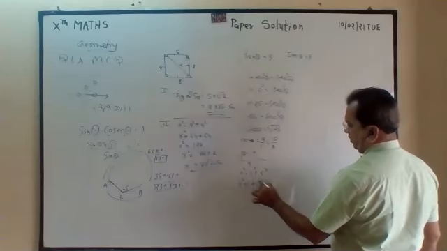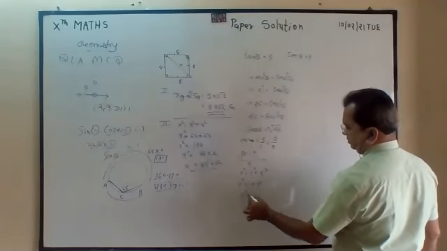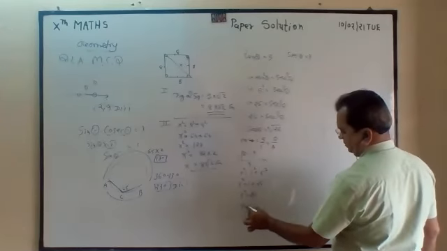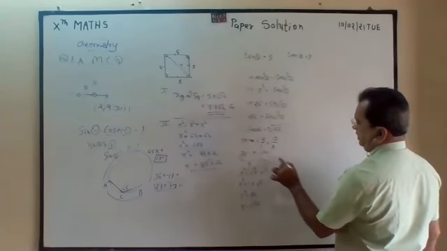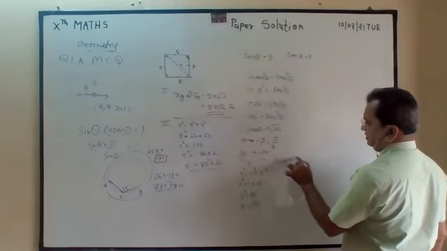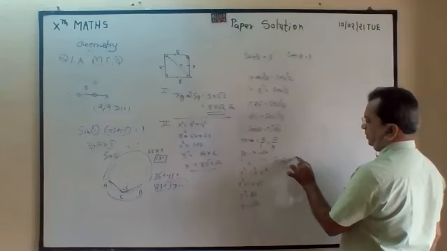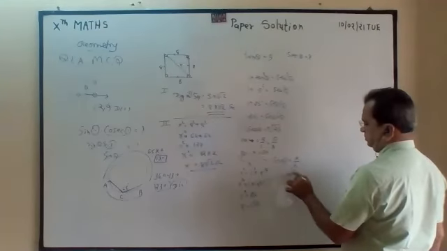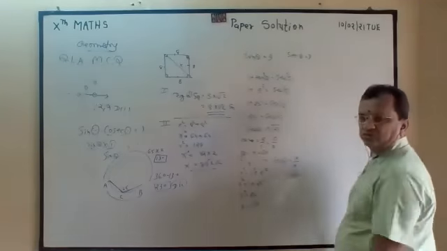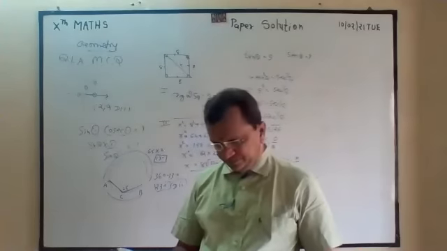X square is equal to 1 plus 25. X square is equal to 26. X is equal to under root 26. And sec theta we want. Sec is equal to hypotenuse divided by adjacent. So again root 26.